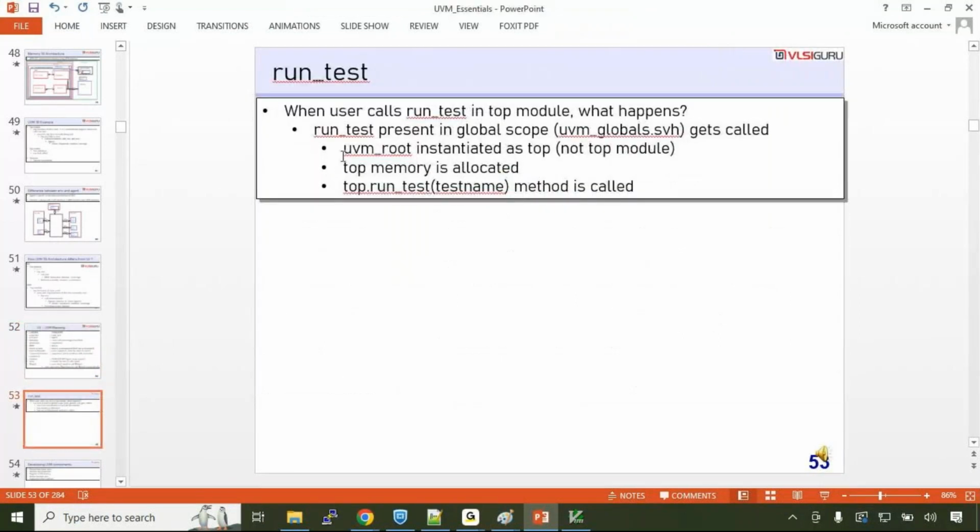Let us understand the importance of run test. When the user calls run test in the top module, what happens? Run test is a UVM provided global task.